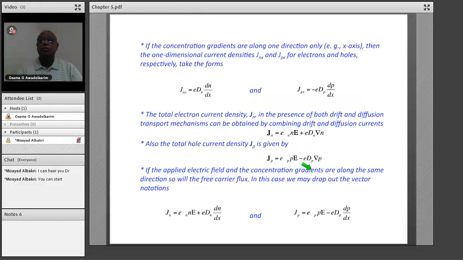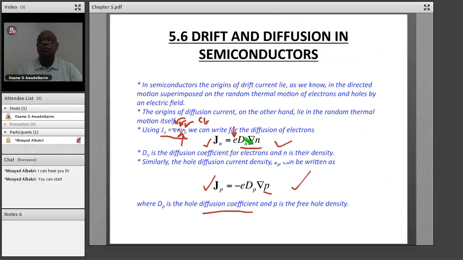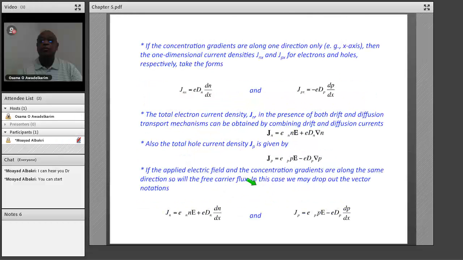So now, in the x direction, these operators, nabla, which is a vector operator, become only derivatives along the x direction if everything is confined to the x direction. So my diffusion current density for electrons in an n-type semiconductor is E times the diffusion coefficient of electrons times the gradient of electron density, dn by dx.